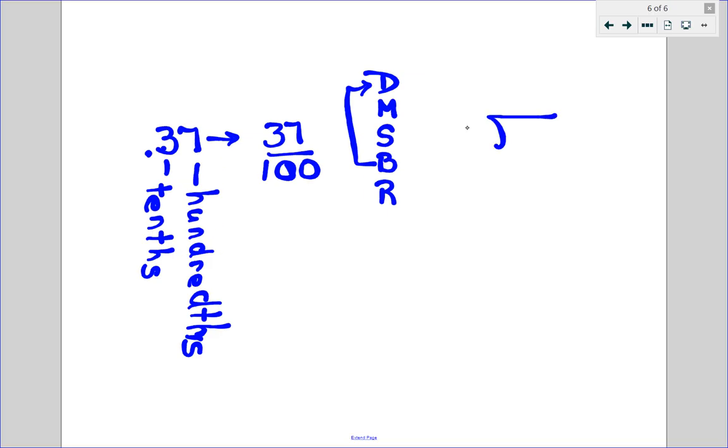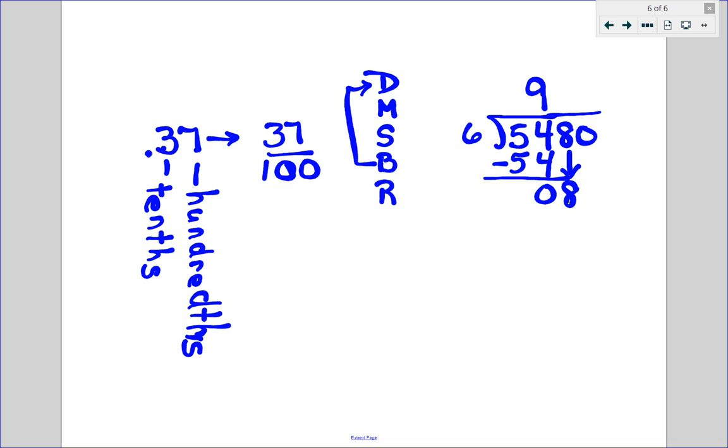Let's do something like 6 and 5,480. All right, how many 6s can I get out of 54? 9, that's Dad. Mom, 9 times 6 is 54. Sister, subtract. Brother, bring down. How many 6s can I get out of 8?